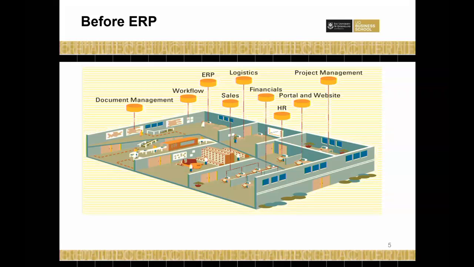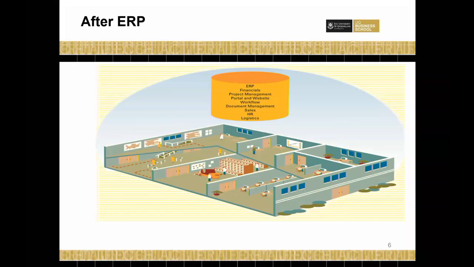Each of those systems is a standalone application, and when changes are made in one application, it doesn't mean changes are triggering through to the other systems. Once you implement an ERP system, you have only one database, much easier to manage, and information and data is held only once.